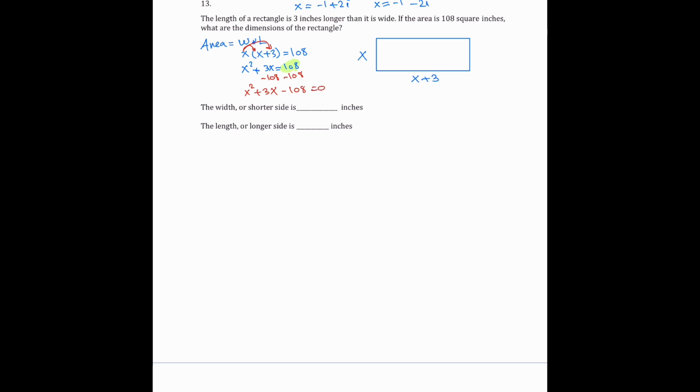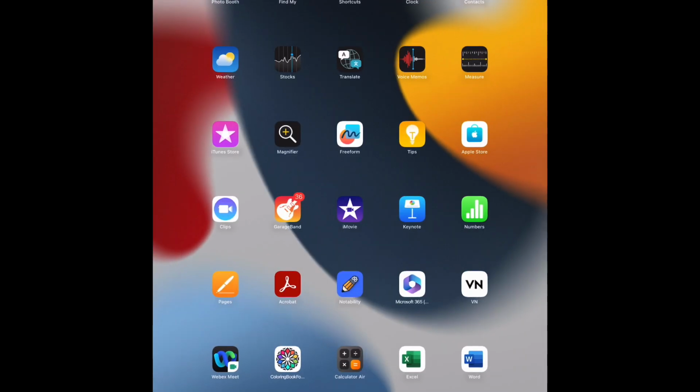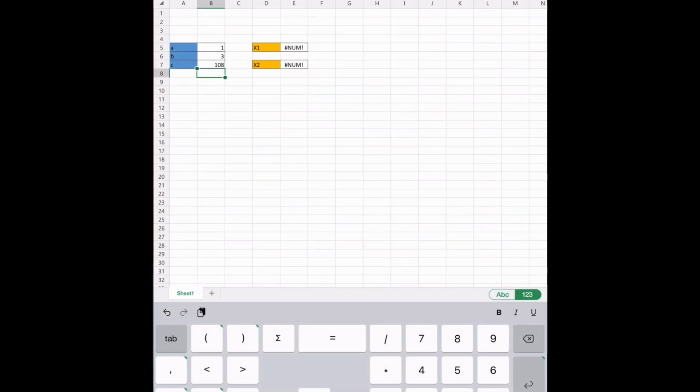Again, I'm going to use the quadratic formula just because the numbers are big. So A is 1, B is 3, and C is negative 108. So now the solutions are 9 and negative 12.